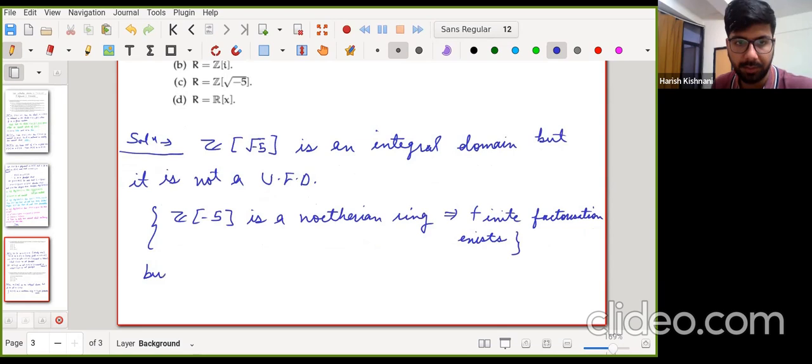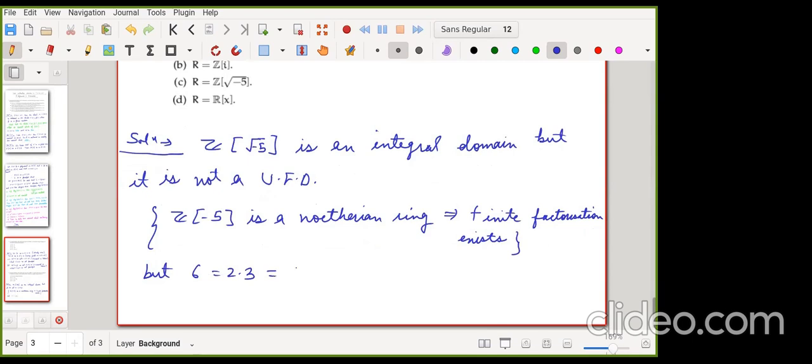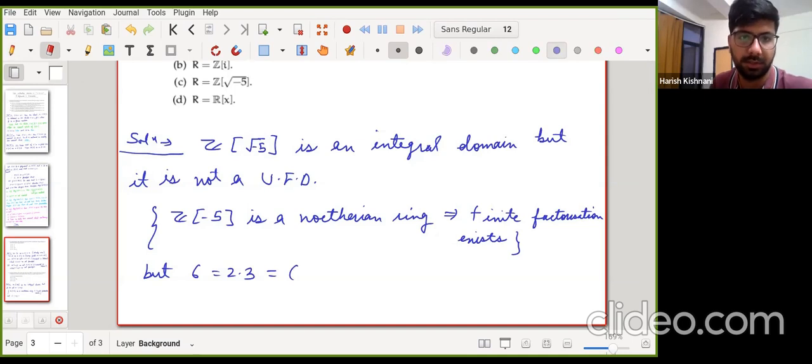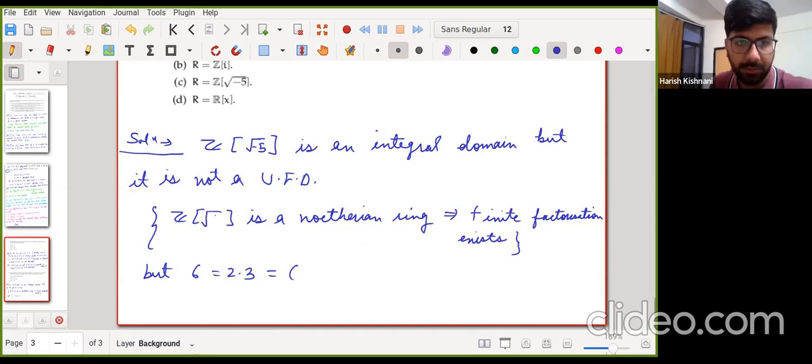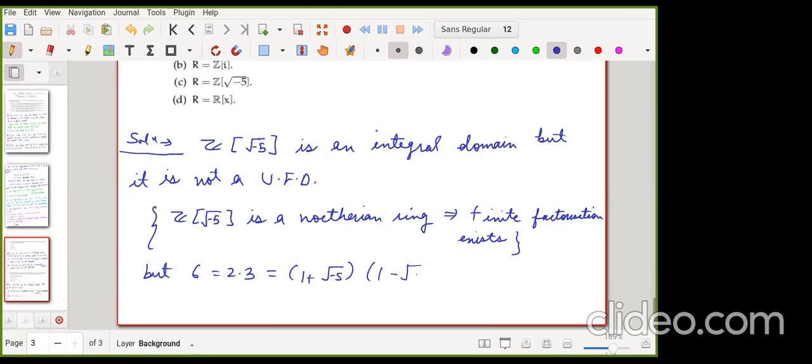But 6 can be written as 2 times 3 and also as (1 plus root of -5) times (1 minus root of -5). Is it square root of -5? Yes. So it's root of -5.